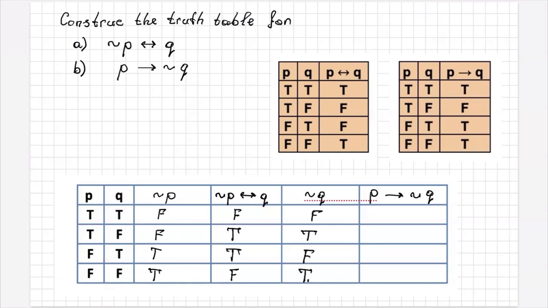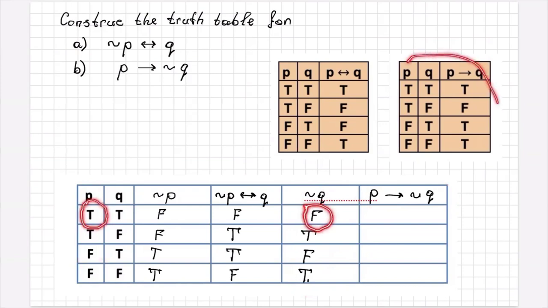Now we have to use the values of the P column and the negation of Q column to get the values for this. The first value is true, the second value is false.